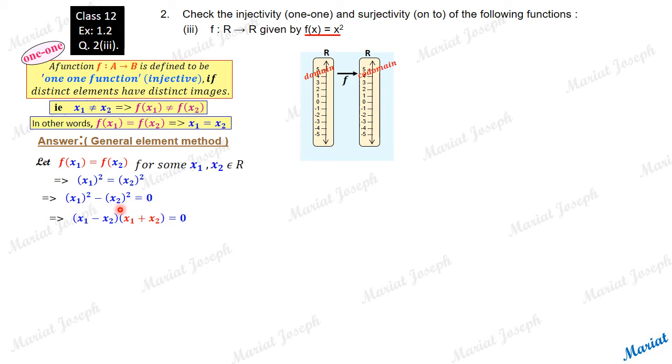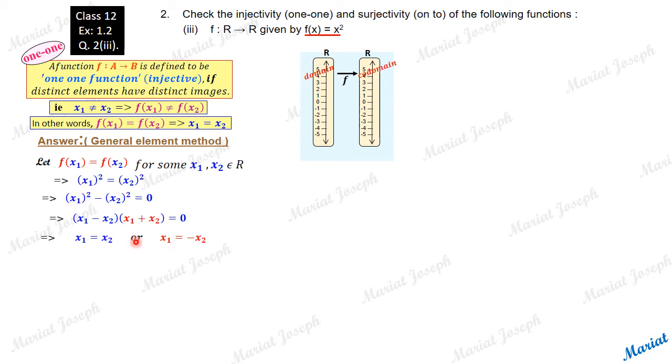This quadratic equation is being factorized. Now, this product can be equal to 0 by either having x1 minus x2 equal to 0 or x1 plus x2 equal to 0, which eventually implies x1 equal to x2 or x1 equal to minus x2.